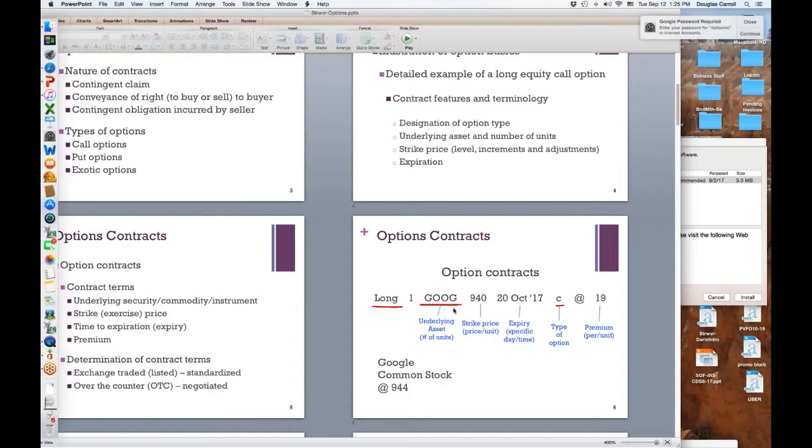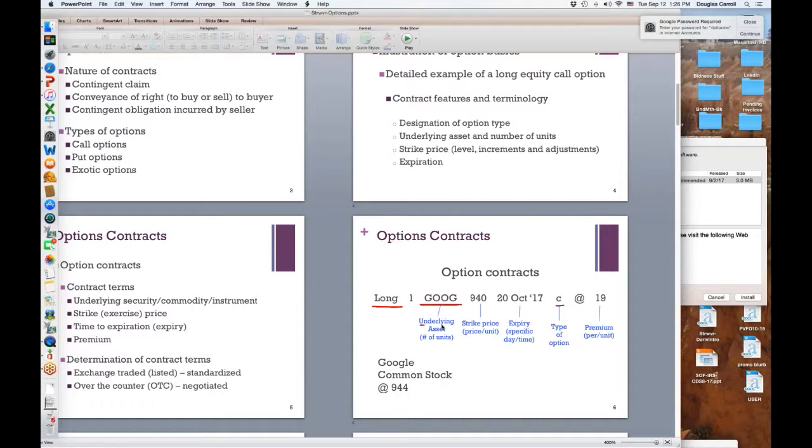In this case, we're talking about options on Google shares. Of course, the company's official name is now Alphabet, but they're still using the old ticker symbol. So GOOG is the ticker symbol for Alphabet common stock, although people typically still refer to the company as Google.